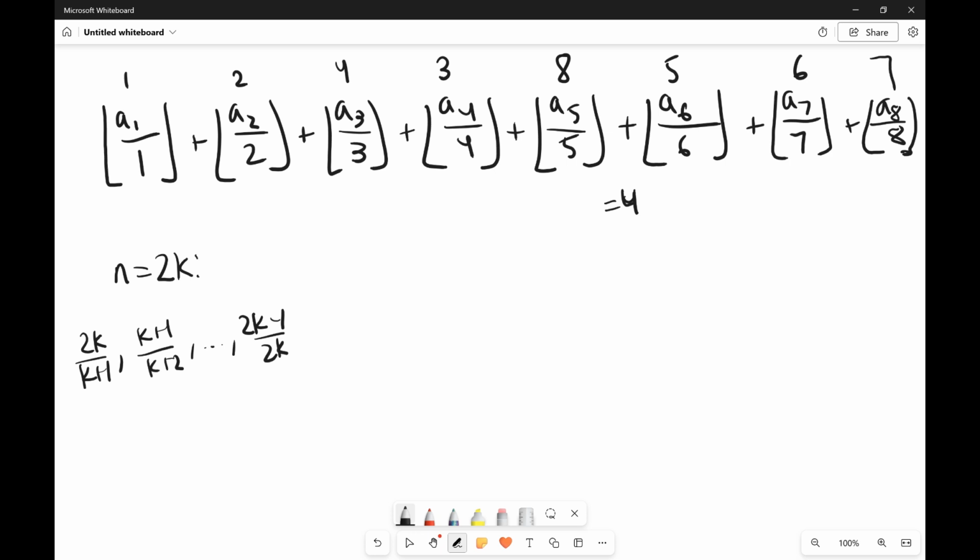And that contributes a total of 1. So if we let a of x be the answer for x, then a of 2k, we hope, is equal to 1 plus a of k.